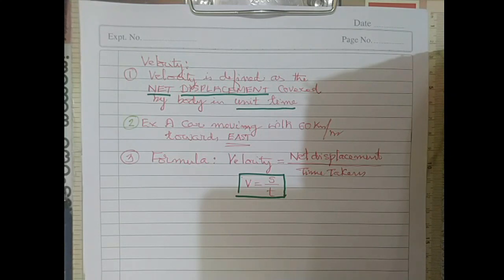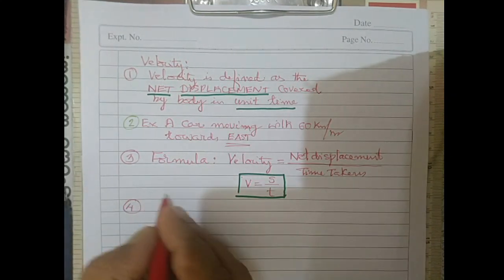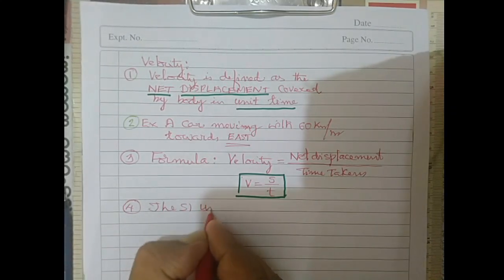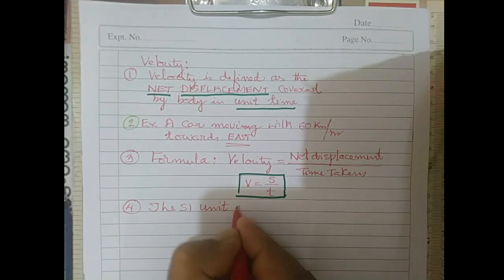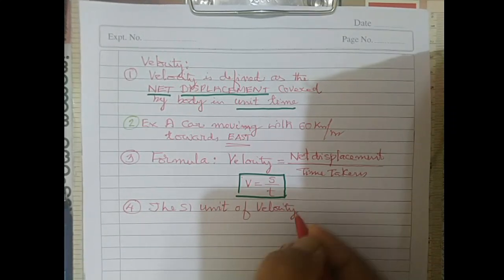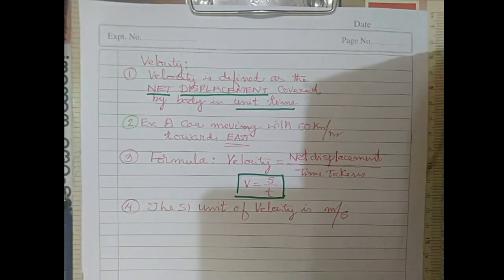Now, next point we'll go to the SI unit. The SI unit of velocity is meter per second.